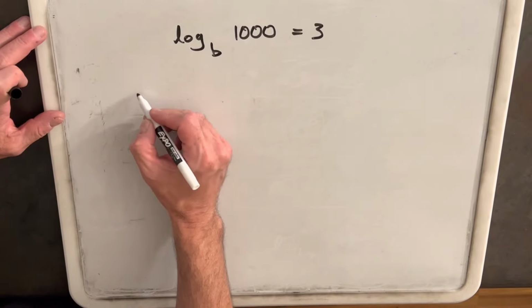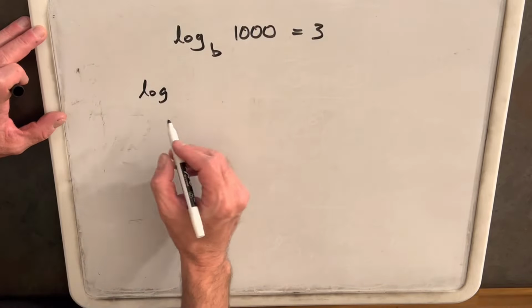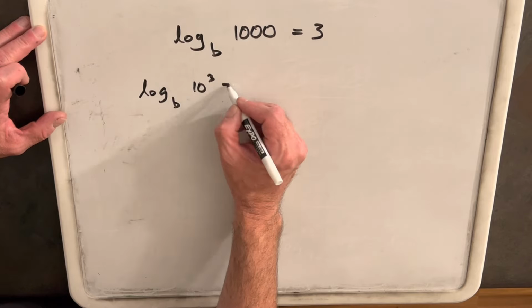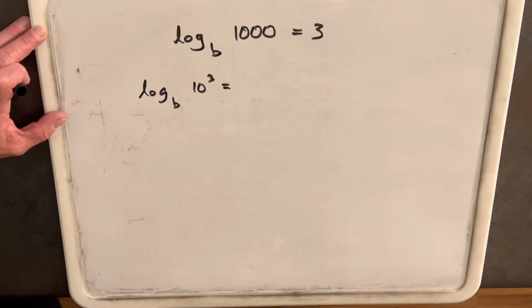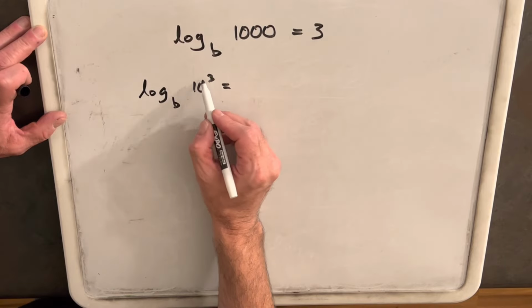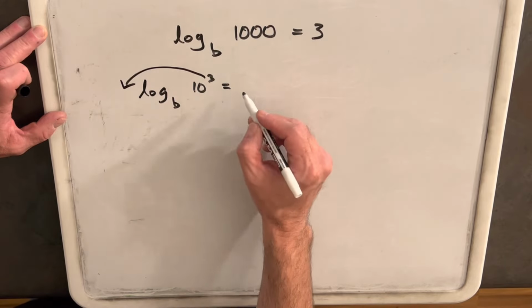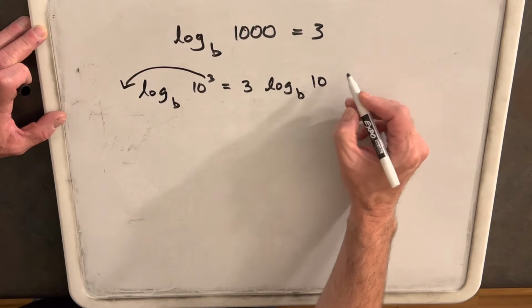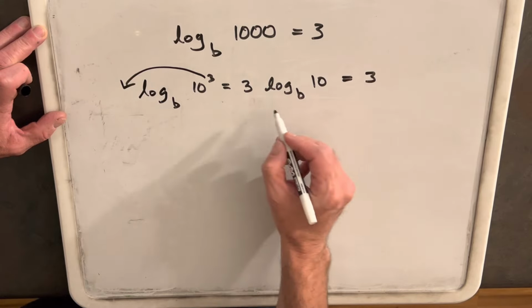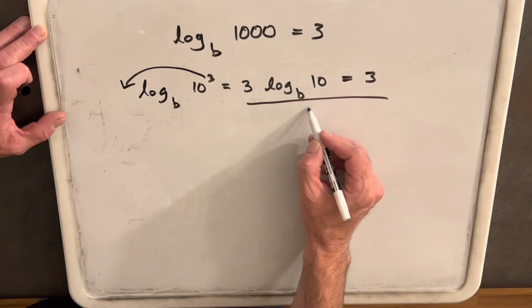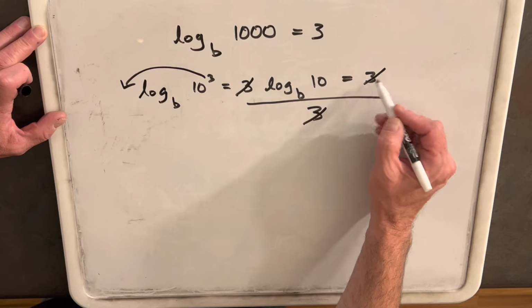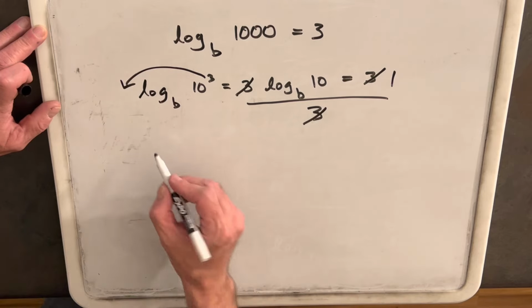Okay, so to start with, let's write 1000 as 10 cubed. But then we can bring the 3 up front, and we end up with 3 log base b of 10 equals 3. And then let's divide both sides by 3, and we'll get some nice cancellation.